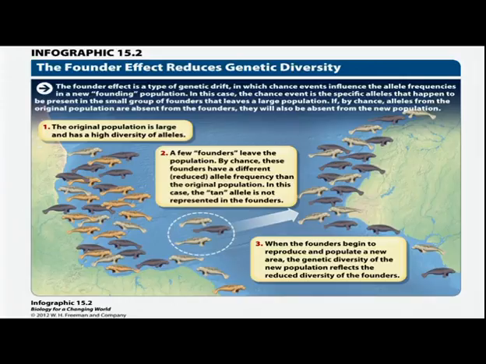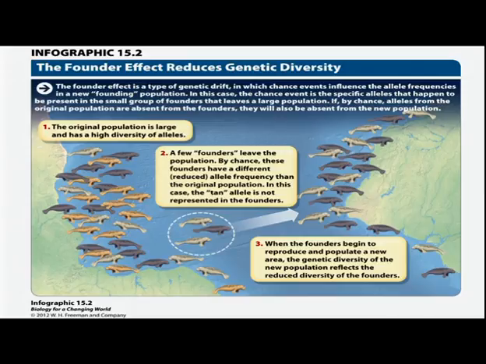They land on this uninhabited island, and now they start having babies like crazy because there's tons of food and tons of places to be and there's no predators or whatever, right? And over time, that population went from three individuals to hundreds of individuals.